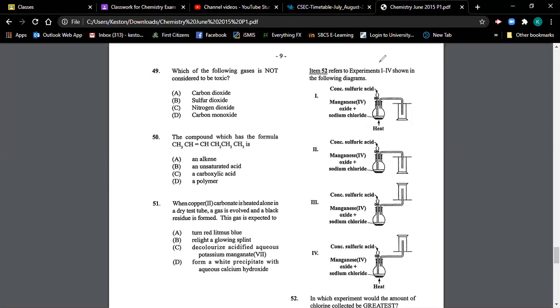Going back to the other one, I was just googling nitrogen dioxide. Nitrogen dioxide is actually toxic.